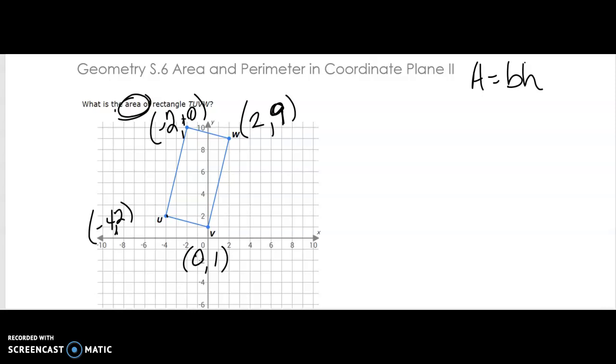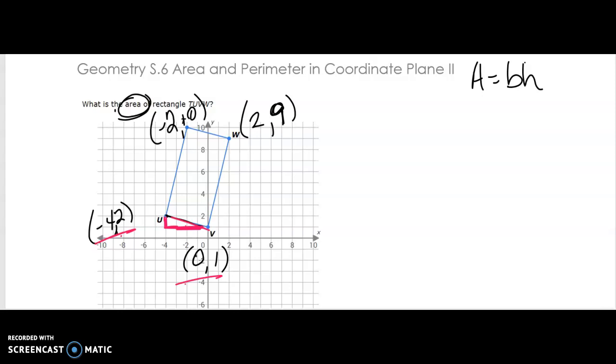Okay? So what we need to do is find out this distance. And to find out this distance, we need to make this right triangle right here. We would use these coordinates to find the length of the hypotenuse.